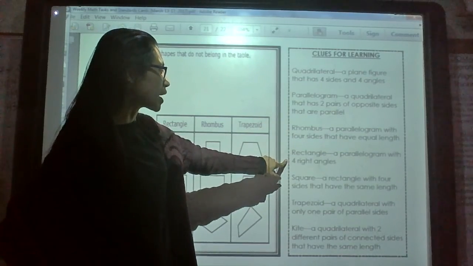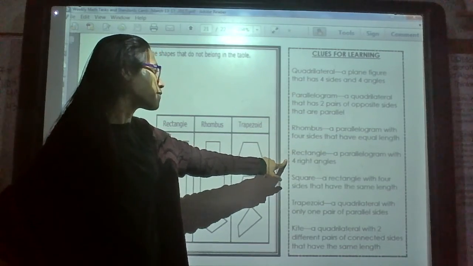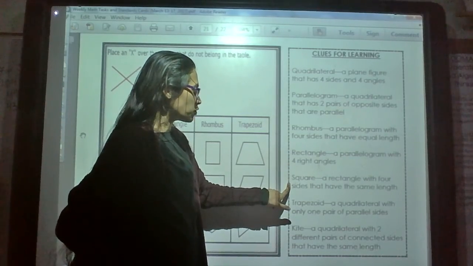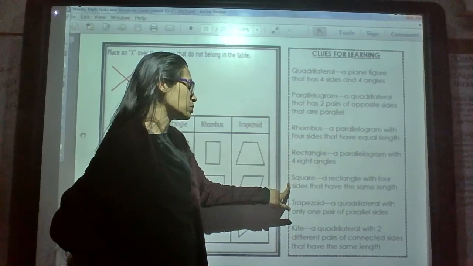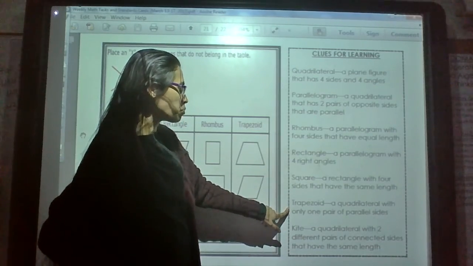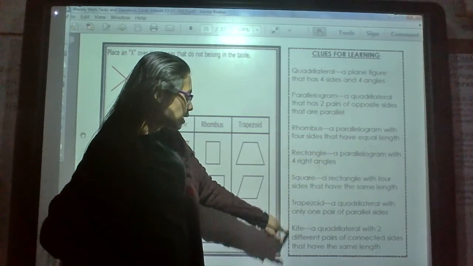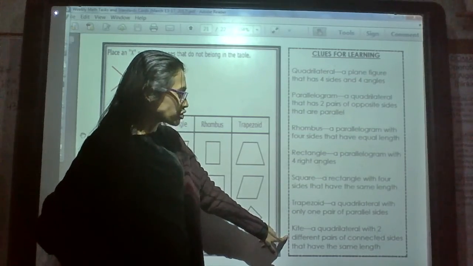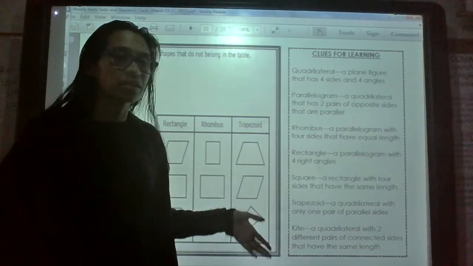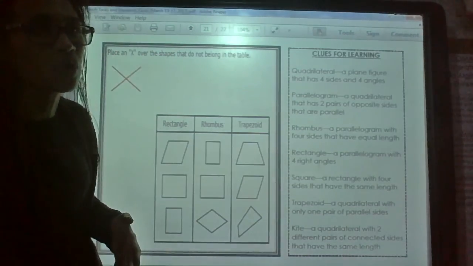The next term, rectangle, is a parallelogram with 4 right angles. Square is a rectangle with 4 sides that have the same length. A trapezoid is a quadrilateral with only 1 pair of parallel sides. And the last one, a kite, is a quadrilateral with 2 different pairs of connected sides that have the same length.